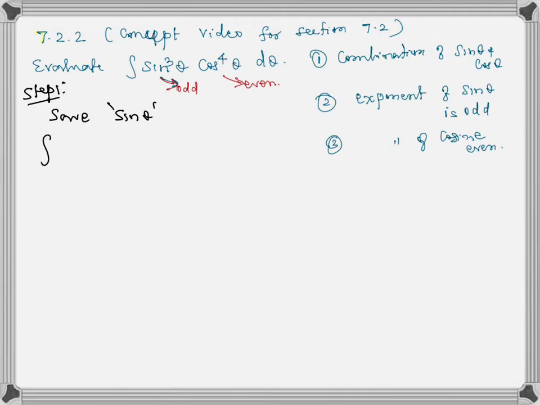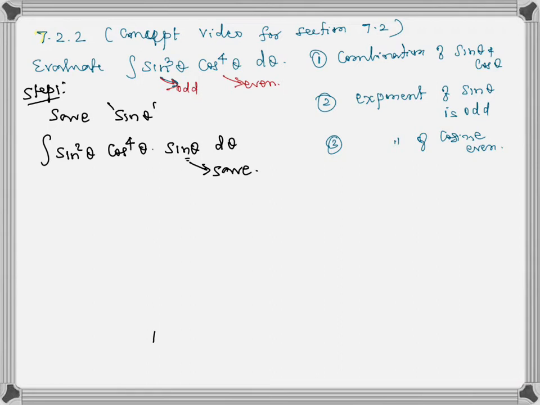So I can write the given integrand as sine squared theta times sine theta d theta, because sine squared times sine will make it sine cubed. We don't have to do anything with the cosine to the power 4 theta because we are going to substitute cosine theta as u.